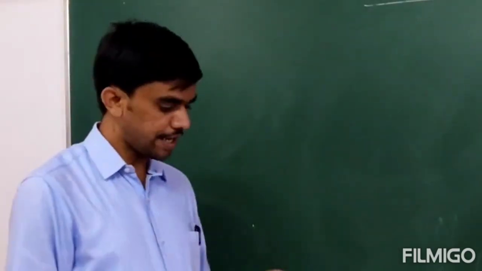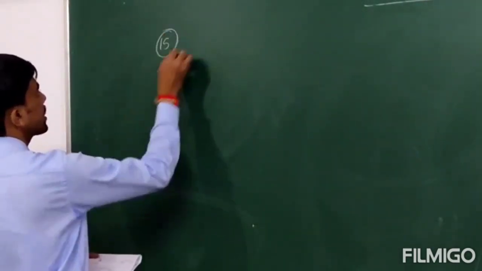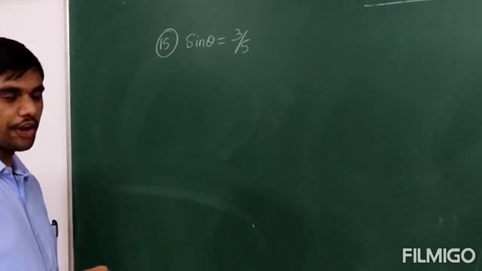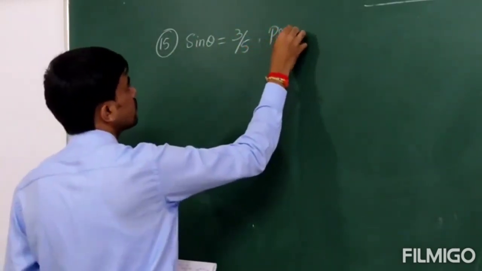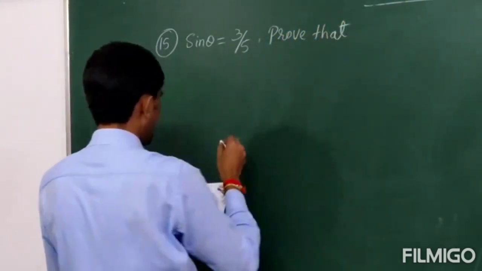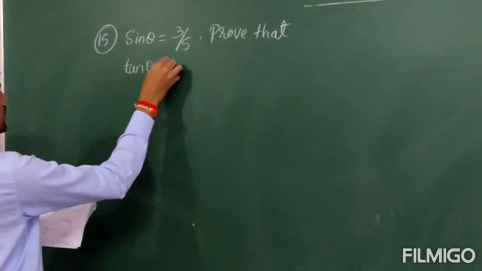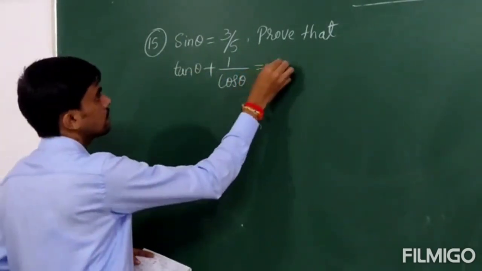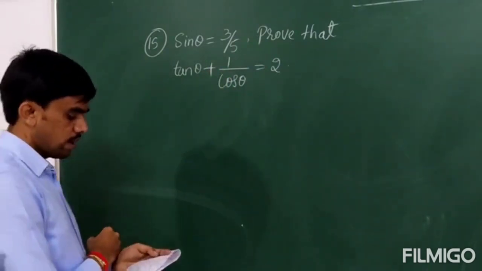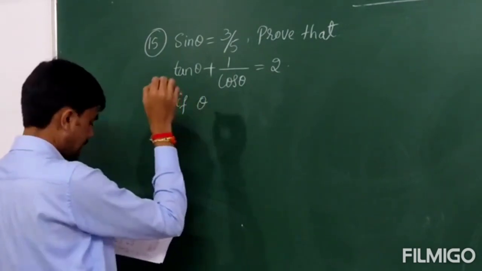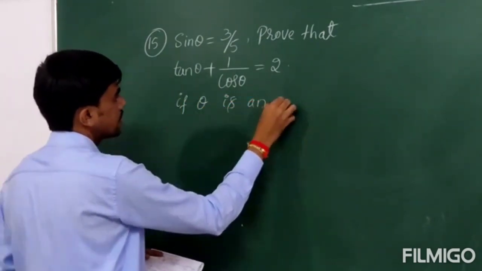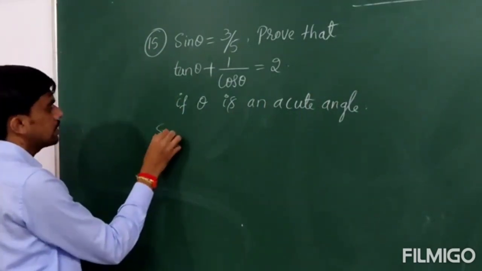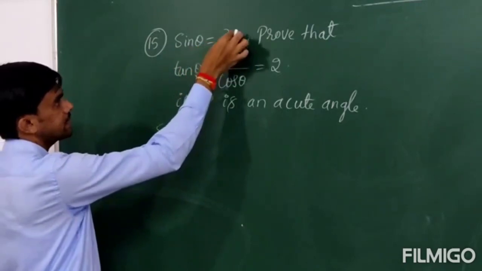So next, problem number 15. They have given that sin theta is equal to 3 by 5.